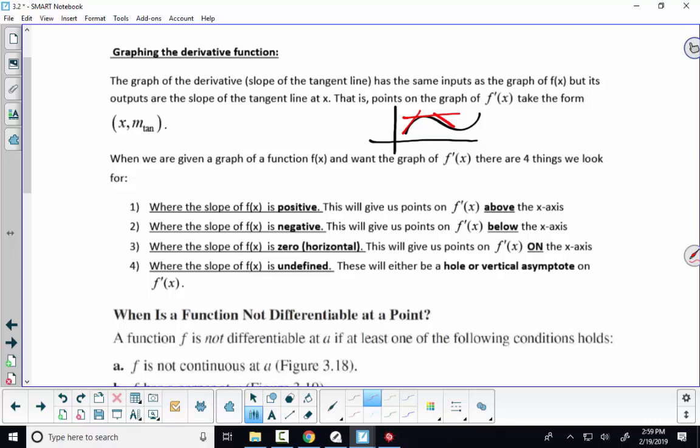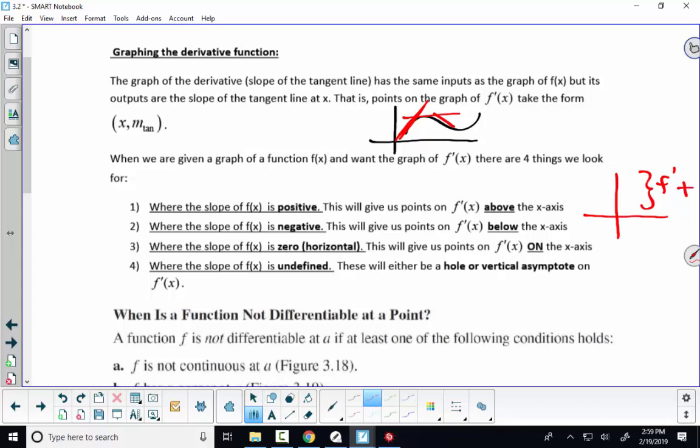We're basically looking for 4 things when we're given the graph of a function and asked to graph the derivative. The first is where the slope of the function is positive. Like this tangent line I draw right here, that would be a positive slope, which means the derivative is positive, so the derivative is plotted above the x-axis. So here's where f prime is positive.